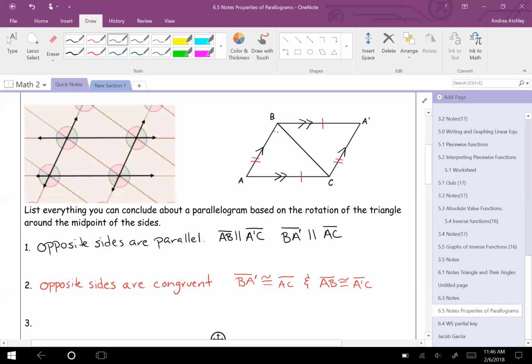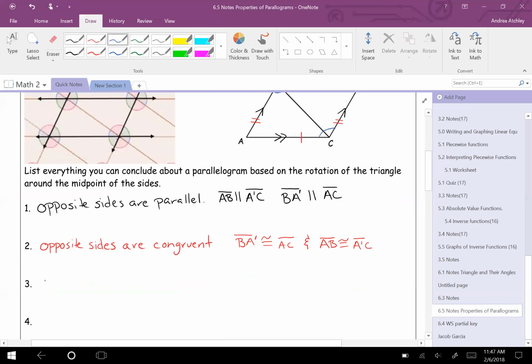So this whole angle and this whole angle. Okay, so that would be opposite angles are congruent in parallelograms.